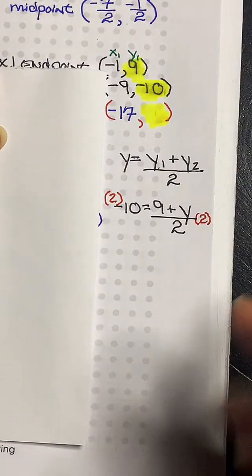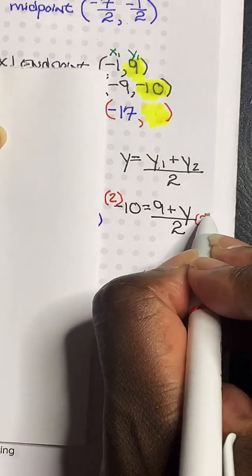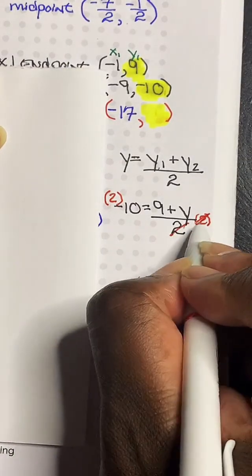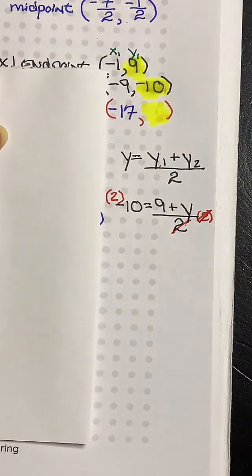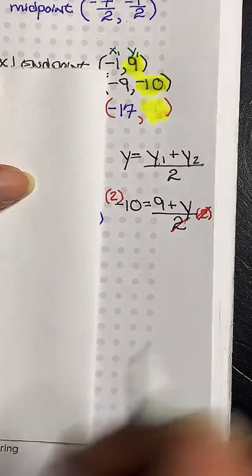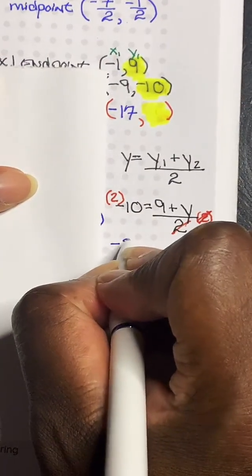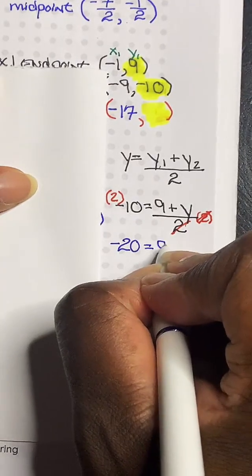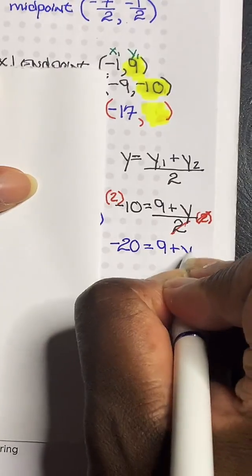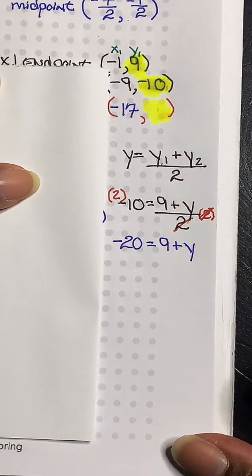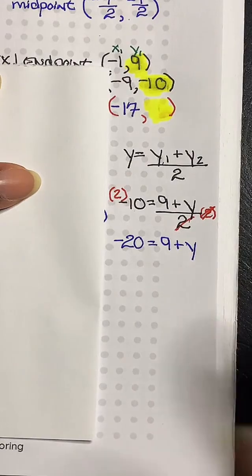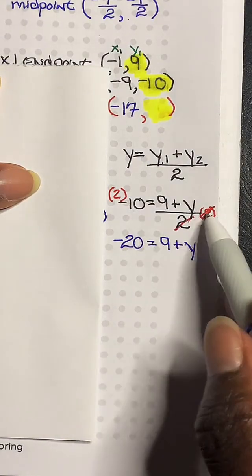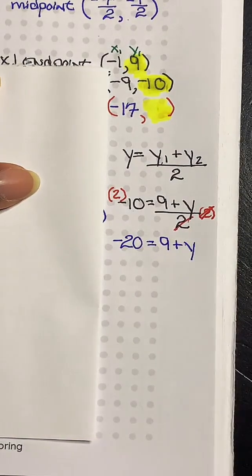The reason I'm using 2 is because 2 divided by 2 cancels out, and then I don't have to deal with a fraction anymore. Now I can deal with 2 times -10, that gives me -20, equals 9 plus y. We got rid of the 2, so we don't have a fraction anymore. Now it's just 9 plus y.